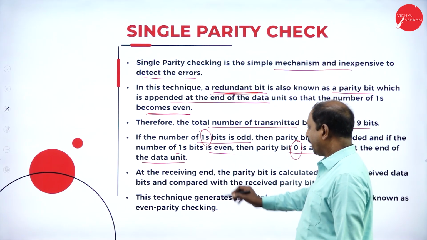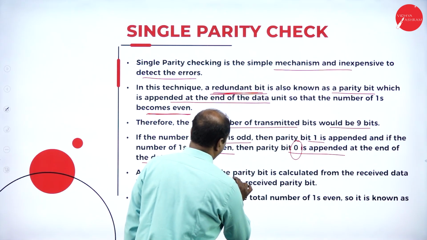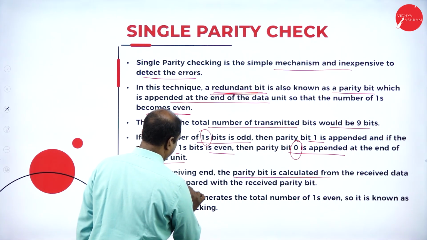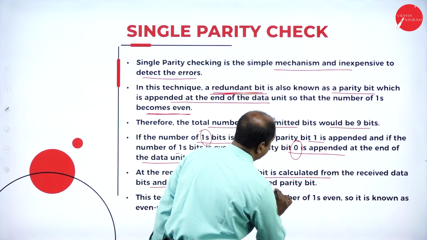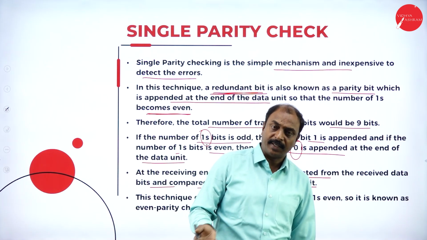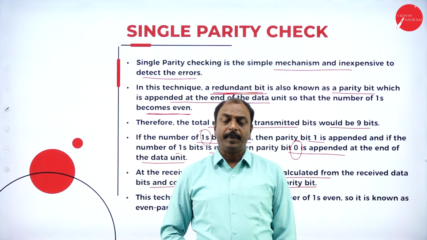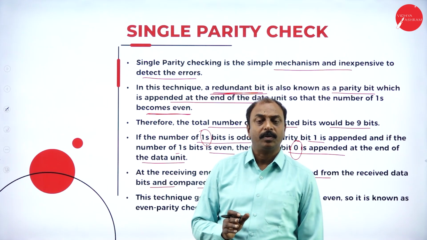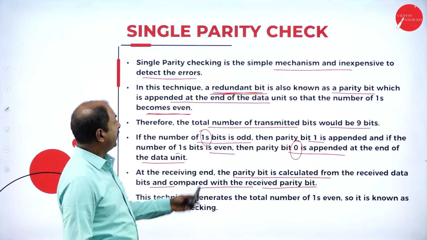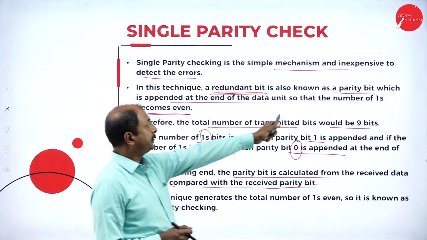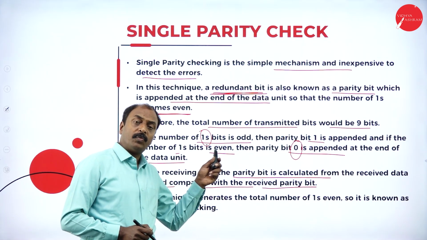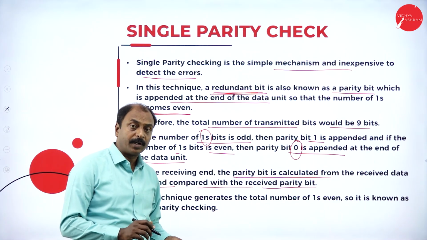Now at the receiving end, the parity bit is again calculated from the received data bits and compared with the received parity bit. So the sender has to transmit the data. The data is divided into a number of frames, and while transmitting, 1 bit is added as a parity bit. It depends on the even or odd number of ones.